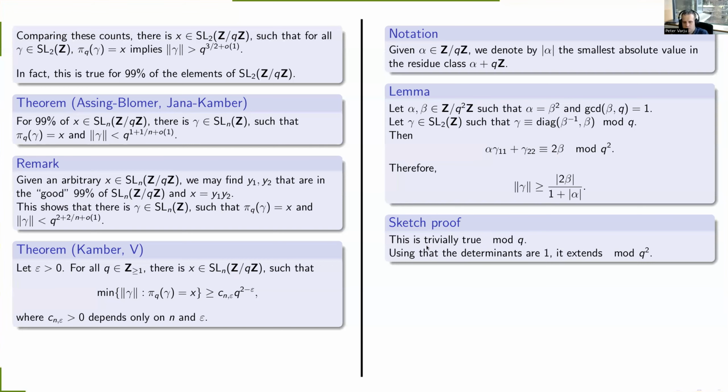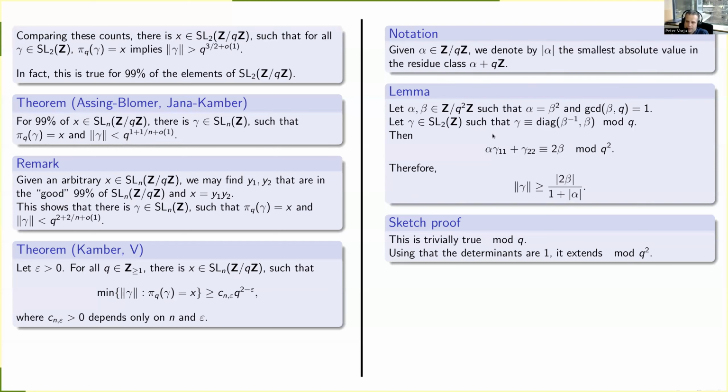So I want to make first the observation that this congruence is true modulo Q. And that's just trivially the case because gamma 1,1 is congruent to beta inverse modulo Q, and gamma 2,2 is congruent to beta modulo Q, and alpha is equal to beta square.